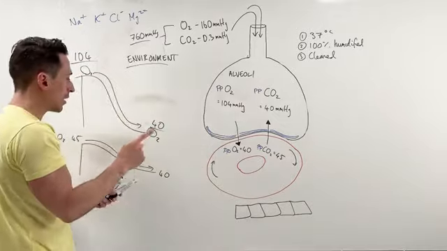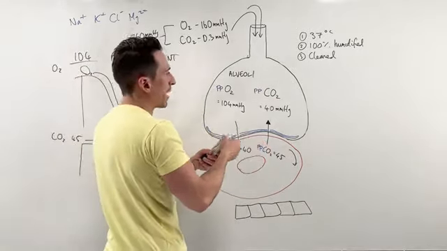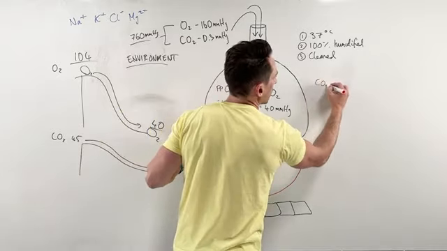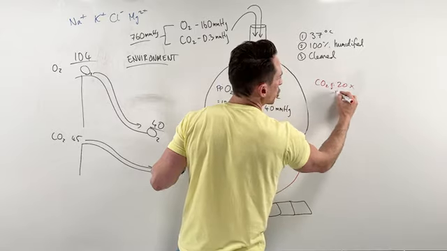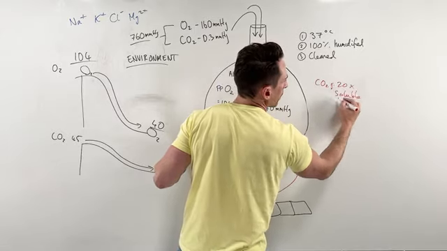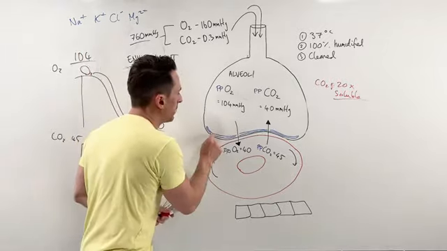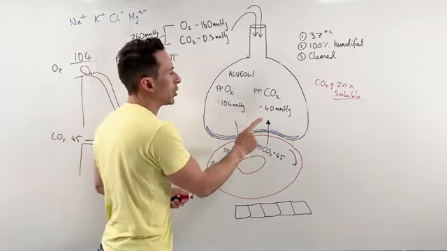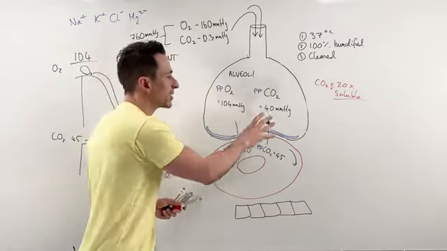Well, it's because carbon dioxide is around about 20 times more soluble than oxygen. That means it's easier for carbon dioxide to mix in with this gas. So it's a lot easier for carbon dioxide to move through. So the pressure doesn't need to be as steep.